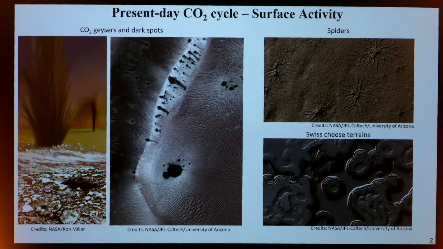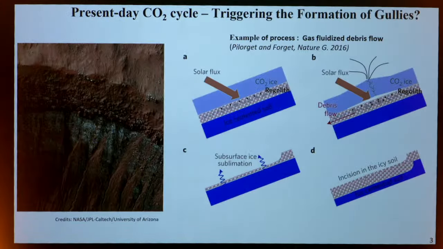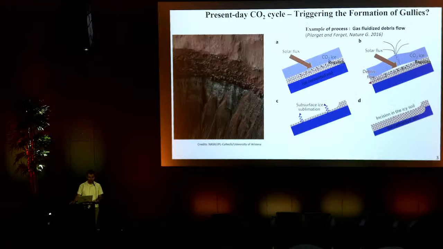And more recently, CO2 ice has been proposed as a mechanism to trigger the formation of gullies, these enigmatic features that we have on some crater slopes, as Bethany showed earlier this week. That might be related to liquid water, but some authors, based on the current activity of gullies, propose that the formation of CO2 ice at the surface and then its sublimation could trigger these events.